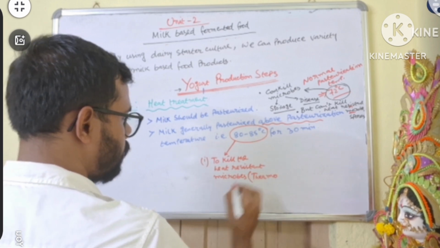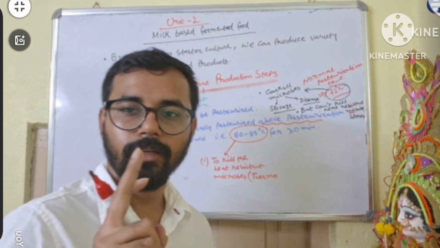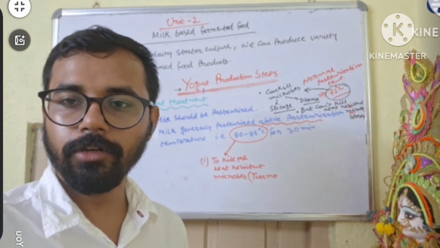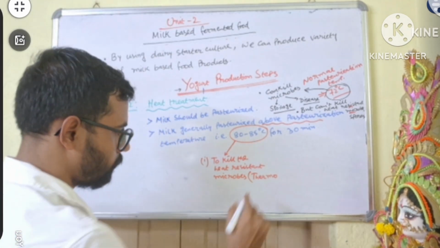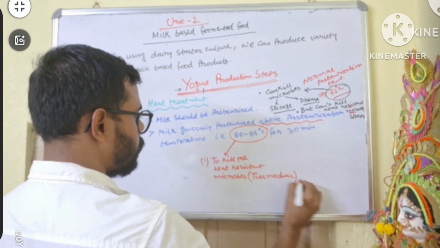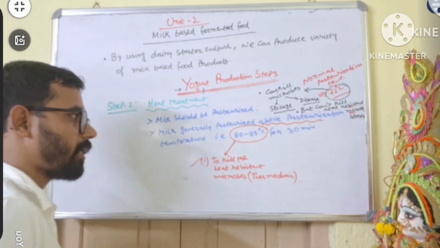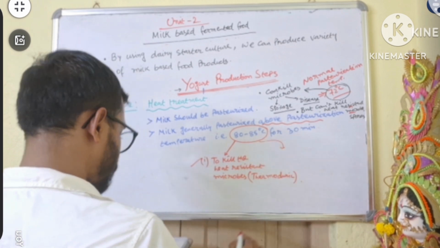What is the term? Those surviving the 72-degree pasteurization temperature are termed thermoduric. So to kill the heat resistant microbes is the first reason why we use the higher temperature.